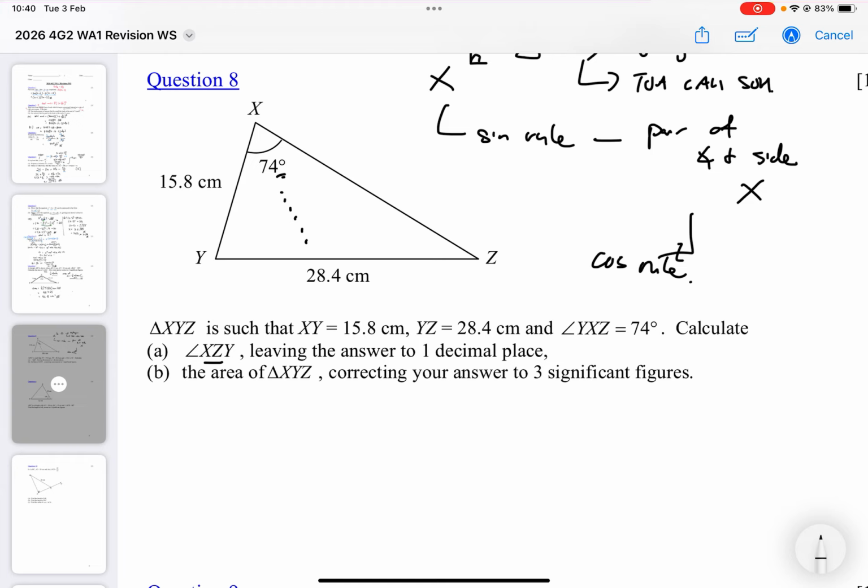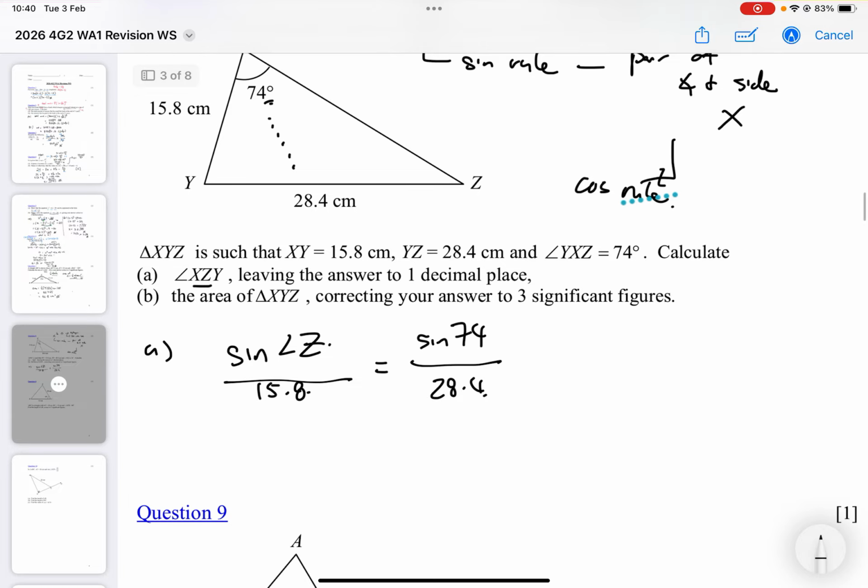So I will put sine of angle Z over the opposite side, 15.8, which is opposite Z, equals to, with the known pair also sine on top, sine of 74 divided by 28.4.